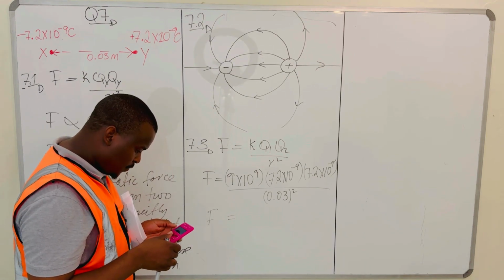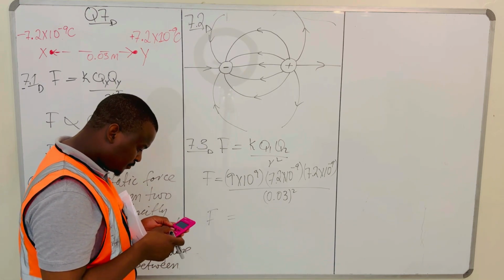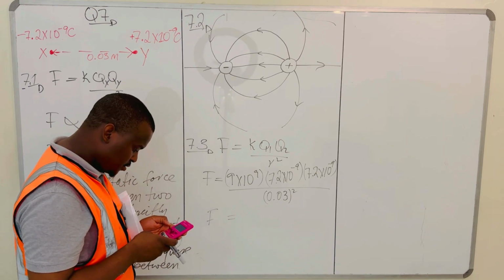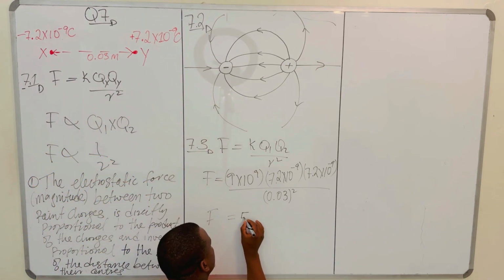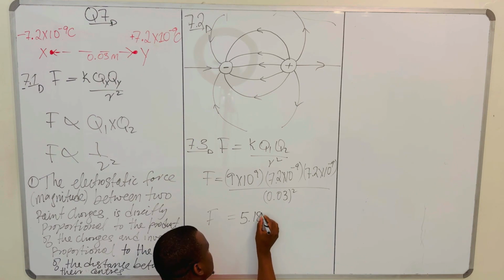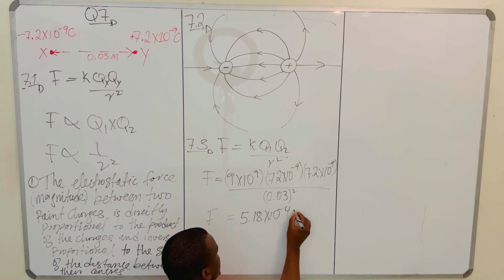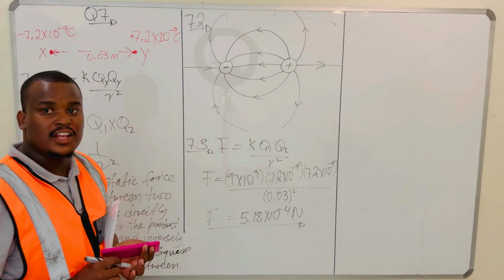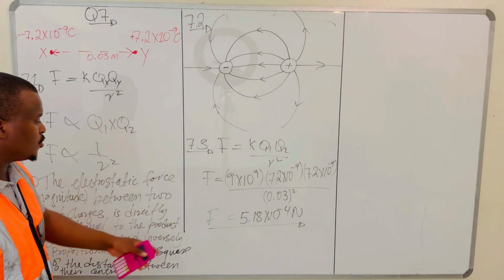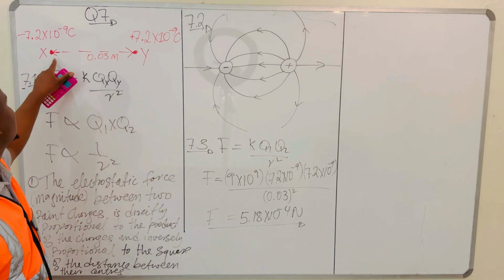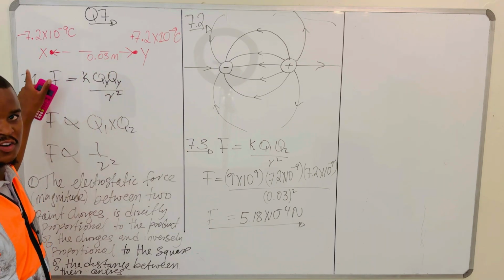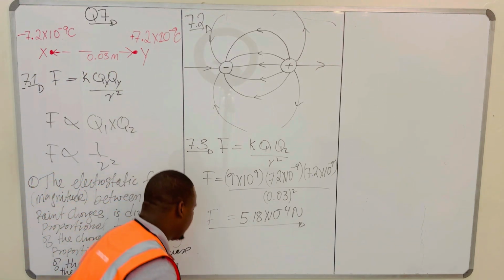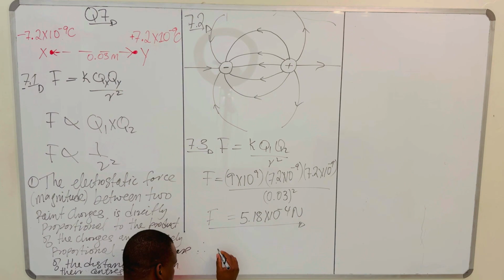So the magnitude of the electrostatic force, in scientific notation, is 5.18 times 10 to the minus 4 newtons. So this is the magnitude of the electrostatic force between the 2 point charges. So this is the magnitude of the force that X exerts on Y and Y exerts on X.